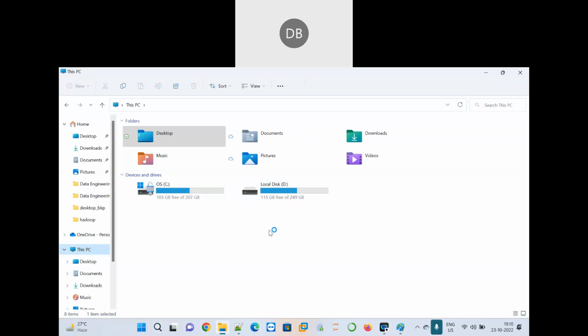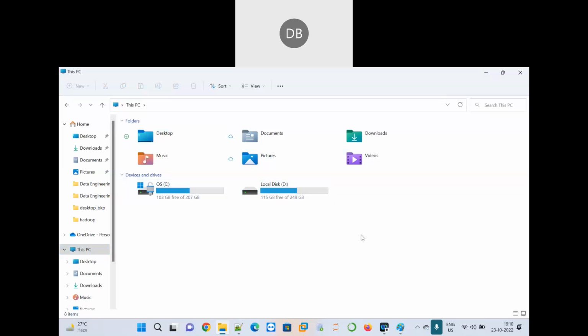Only 2 partitions. This is my local file system. In the D drive, I put all my materials and all the audio, video, images, all my personal stuff. Whereas in C, it contains the OS related files along with other application related files. Okay. So these are all local to me.